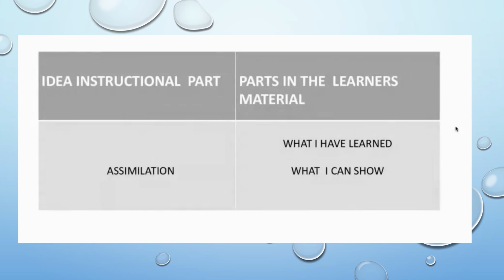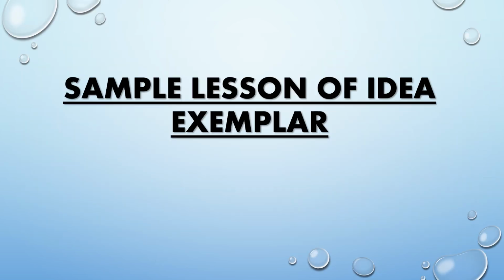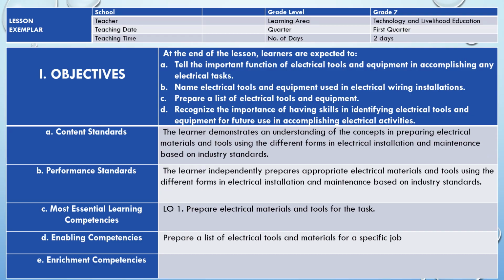Next, we will now proceed to the sample lesson of the idea exemplar. The grade level is grade 7. The learning area is Technology and Livelihood Education. We have the first quarter, and the number of days is 2 days.